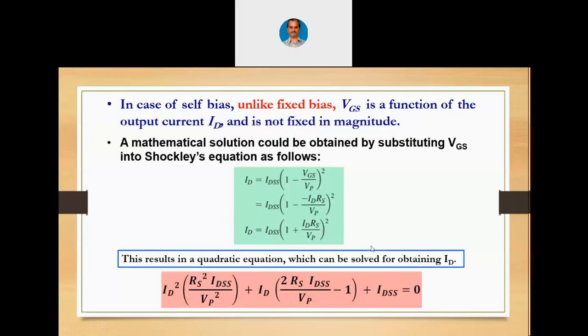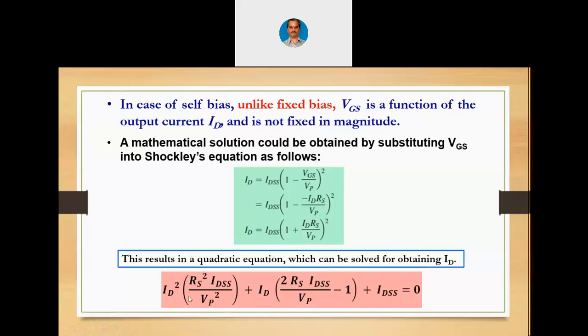Now this is that quadratic equation if we have to reframe the equation in terms of ID itself, because we have to find out ID. From the upper equation, you cannot easily substitute it as minus b plus or minus square root of b square minus 4ac divided by 2a, because the upper quadratic equation is not in the standard form. Now we have to bring it into the standard form. We can expand this equation. I have already expanded this equation, and we get this form: ID square into RS square into IDSS divided by VP square plus ID into 2RS into IDSS by VP minus 1 plus IDSS equals 0.